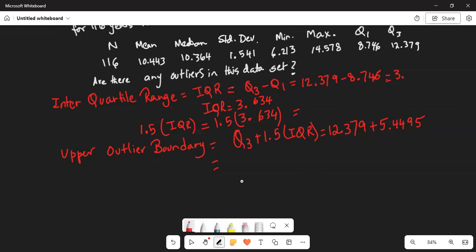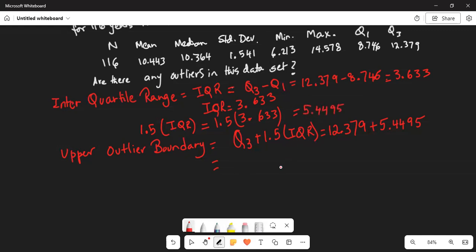So the IQR is 3.633. And you multiply that by 1.5. 3.633 times 1.5 is equal to 5.4495.